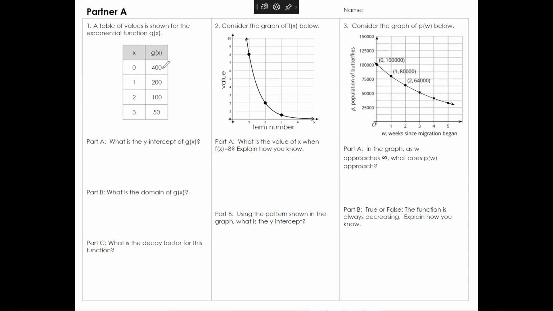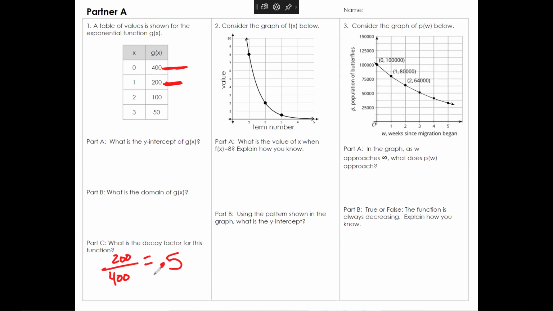So what I mean by that is we see it goes from 400 to 200 to 100 to 50, right? We see it's going down. So we're going to take the second number and divide it by the first number. So what's 200 divided by 400? If you don't know, type it into your calculator. You're going to tell me that's 0.5, right?